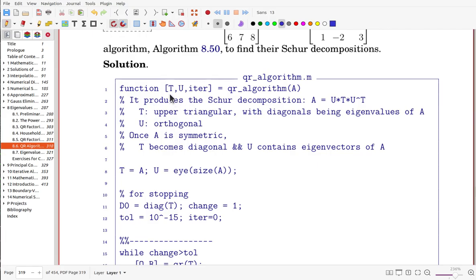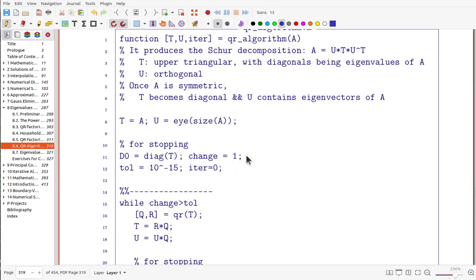So the output is now T, U and iter, the number of iterations, so that we want to see how many iterations are carried out, T and U. And once A is symmetric, then U contains eigenvectors of A. That is initialization for T, and U is the identity matrix.